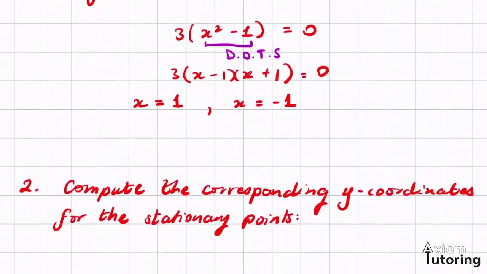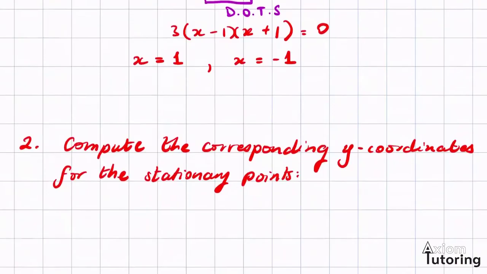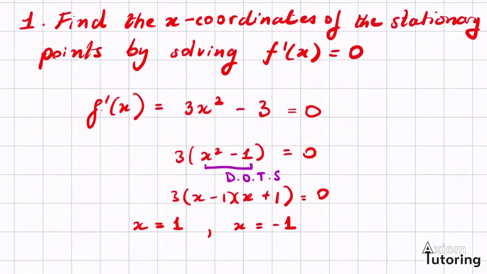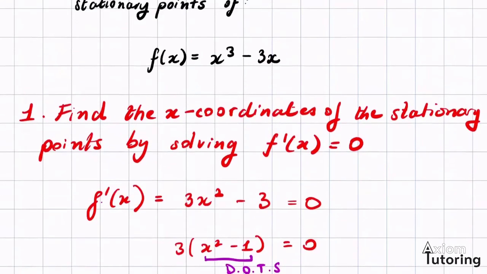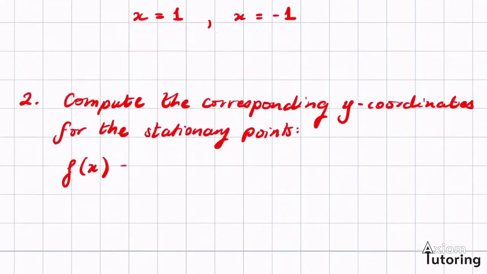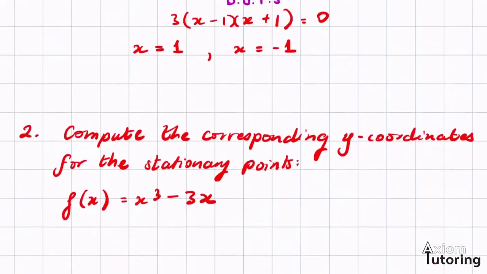So what we want to do next is to compute the corresponding y-coordinates for these two stationary points. Our f of x, as a reminder, is x cubed minus 3x. We take each of these x-coordinates, substitute it into our function, and get the corresponding y-coordinate.